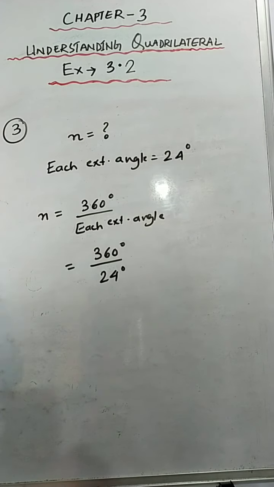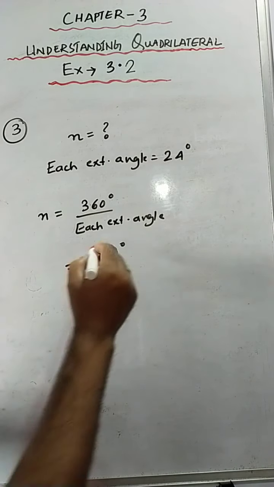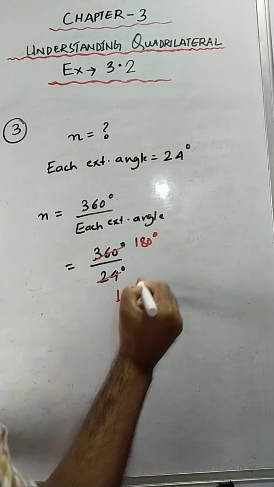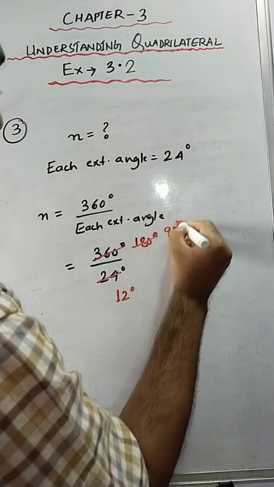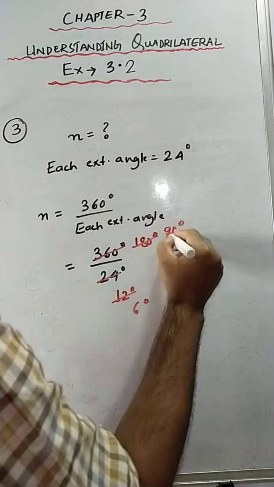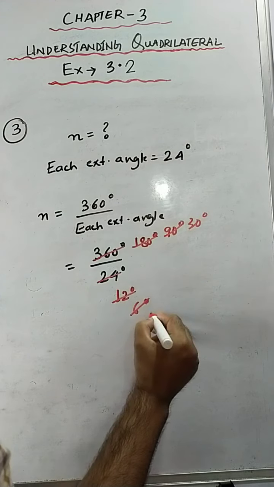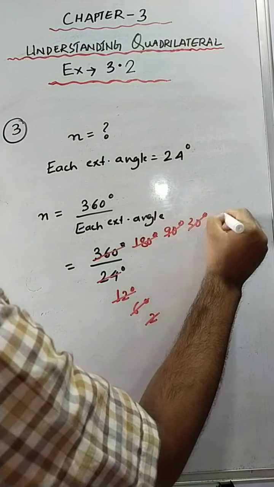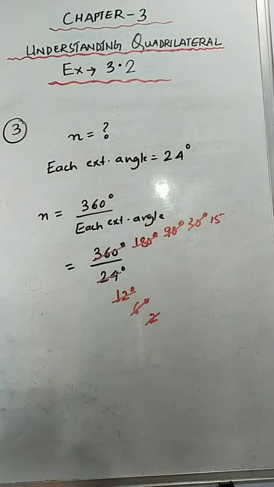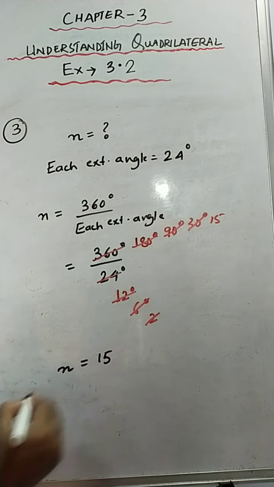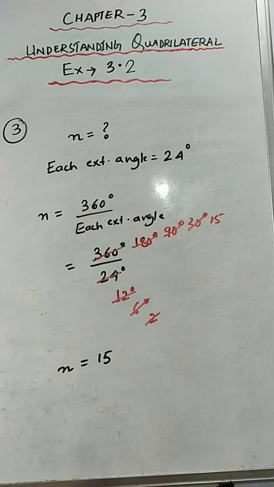Now if you reduce it, so that would be 180 by 12, 90 by 6, 30 by 3. 3 30s are 90, 3 2s are 6, and 2 15s are 30. So what is your answer then? Your answer would be 15. So the value of n is 15.